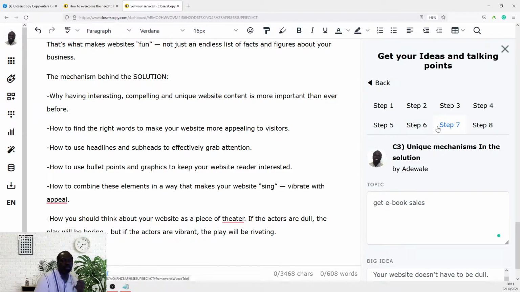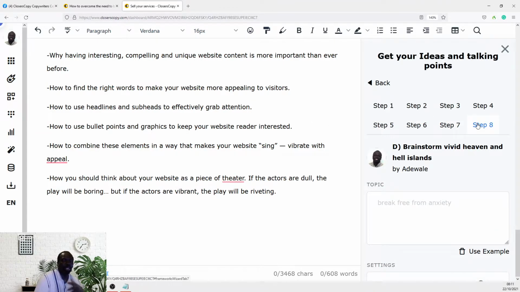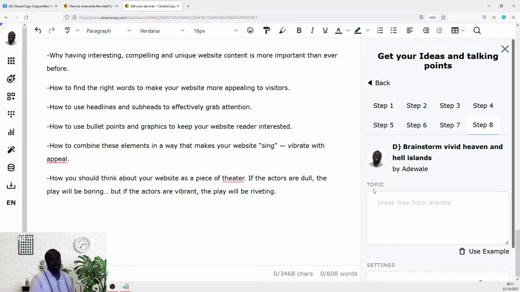We've gathered information about the solutions within the product, and the different things that you can write around the solutions within the product. And then we're also now gathering benefits or dangers or disadvantages, or what we call vivid hell and heaven islands around the product, which also gives you more talking points.